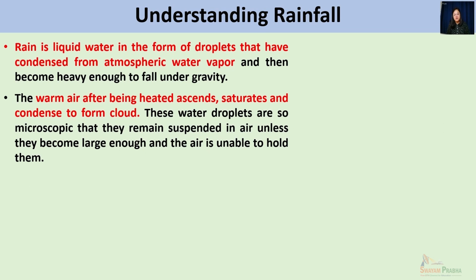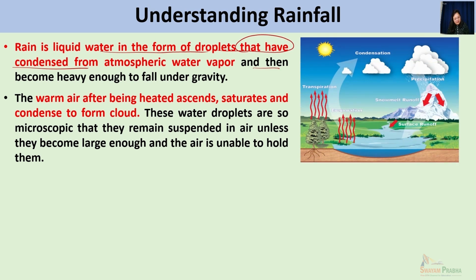Since we have already talked about rainfall being the most commonly observed form of precipitation, wherein the diameter of the droplets is 0.5 mm or more, this is considered primarily in the definition of rain. In general, rain is liquid water in the form of droplets that have condensed from atmospheric water vapor and then become heavy enough to fall under gravity.